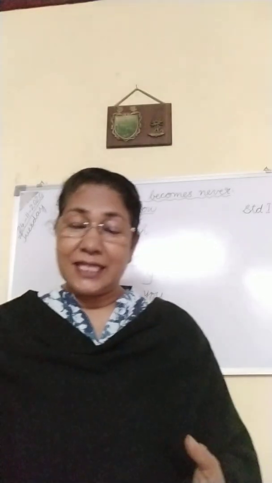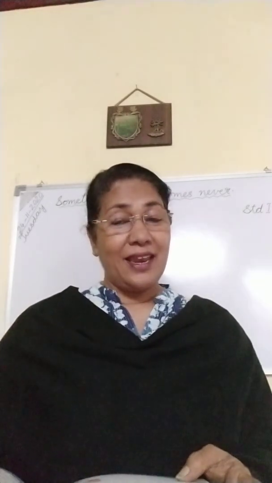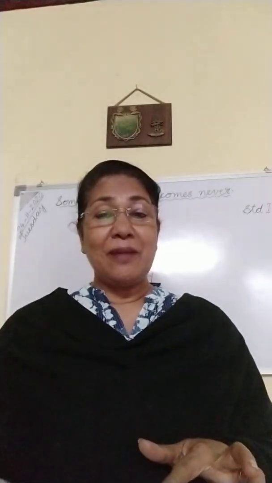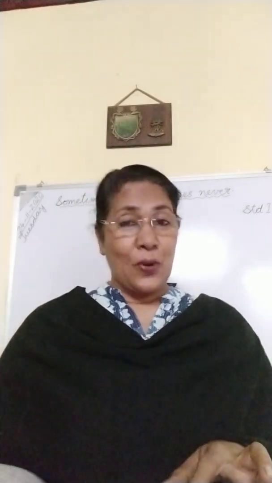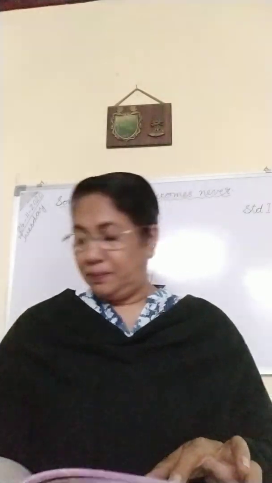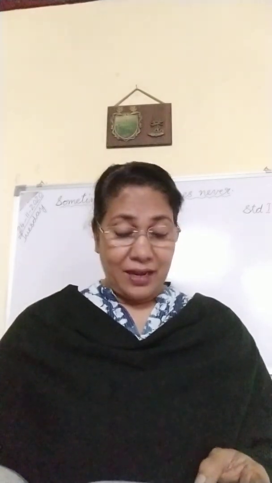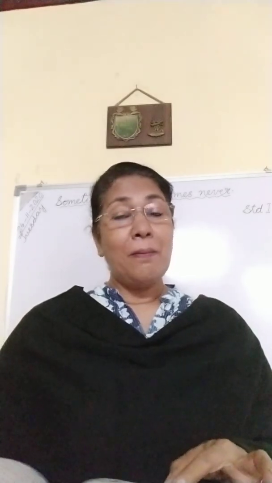Here some sentences are given. First we'll read through that and then we'll do the exercise. The first one, this is Rohan. See here it is said, this is Rohan. And the second time it said, he is a boy. They did not use the word Rohan. Second one, I am Reena. See, I am Reena. You are me too.